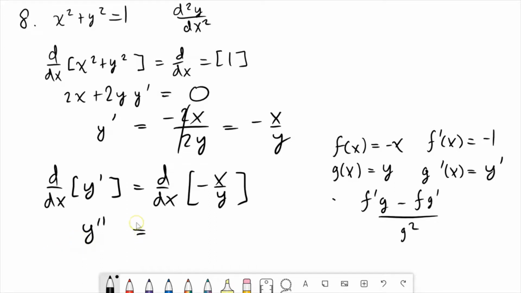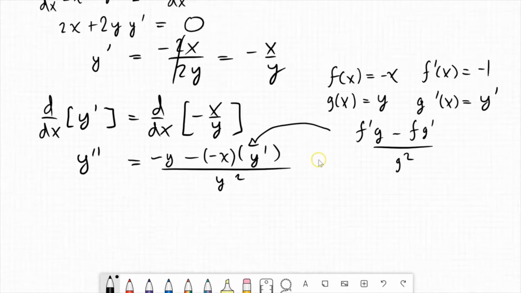So I'm just going to write what the result is here. It is, let's see, f prime, which is negative 1, so negative g, so it's negative y, minus f, which is negative x, times g prime, which is y prime, all divided by g squared, which is y squared.